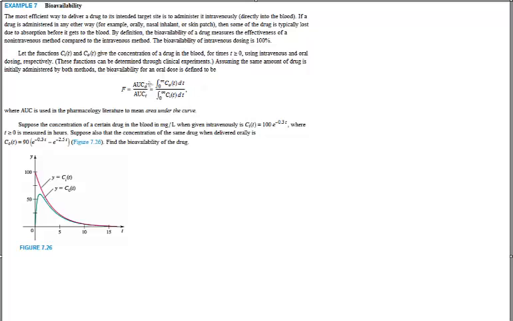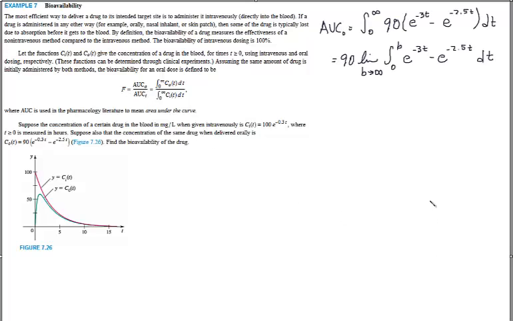Let's just go ahead and do this AUC naught, and then I'll do AUC initial. Alright, in looking at this integral, I see I'm going to integrate, and I'm still going to get some e to the minus 3t, which means that at infinity this is going to be in the denominator. So I think things are going to drop nicely.